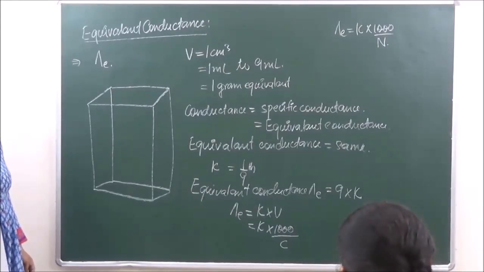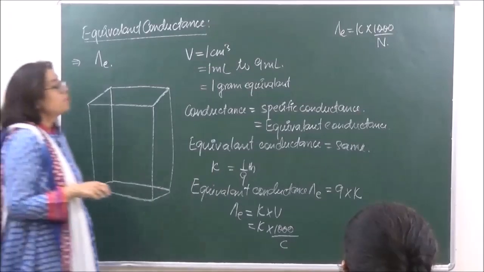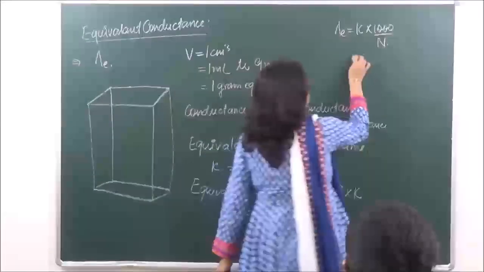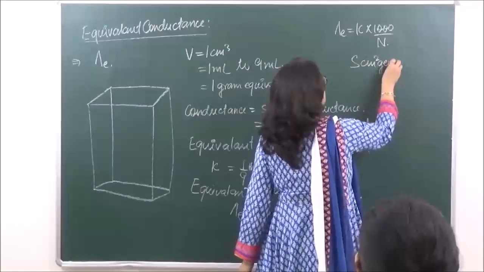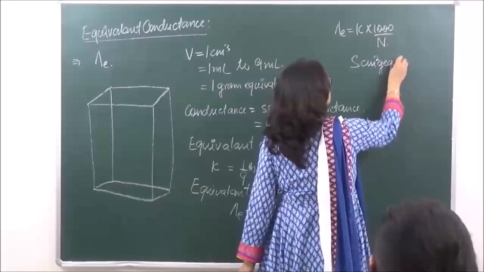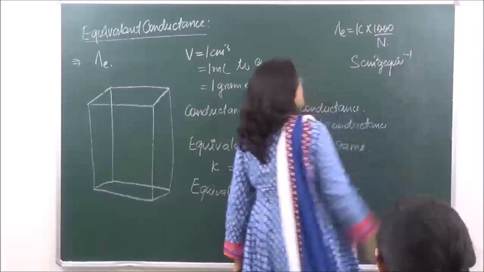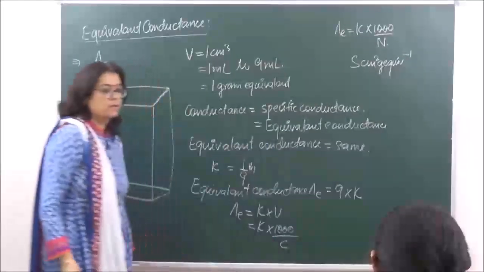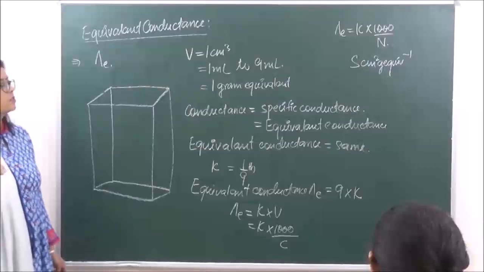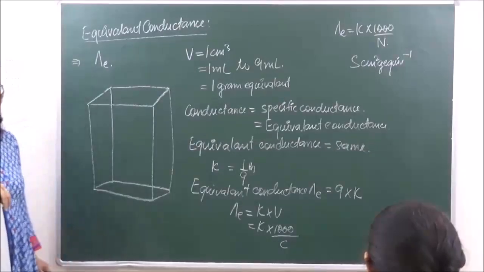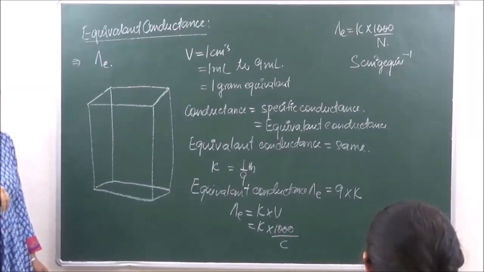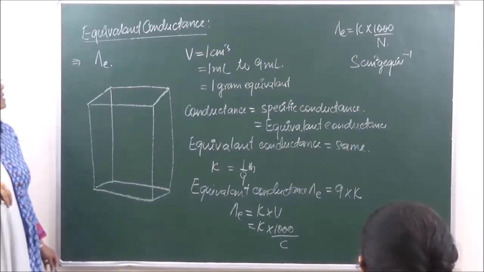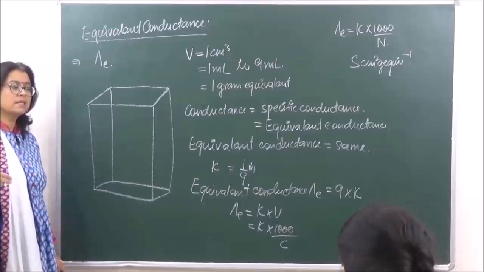So equivalent conductance is equal to kappa into 1000 upon normality, with a unit of Siemens centimeter square per gram equivalent. That is lambda E. Have you understood the difference between specific conductance and equivalent conductance?